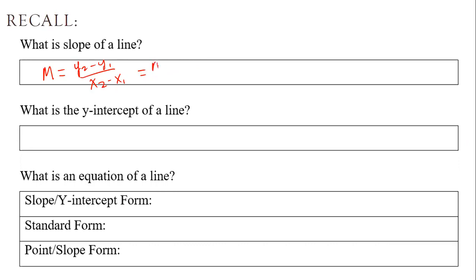What about rise over run? Do you remember that? This is the shorthand, delta y over delta x. That stands for y2 minus y1 over x2 minus x1, and it's our rate of change. How are you changing from one point to the other?